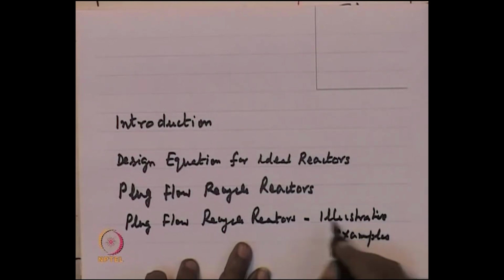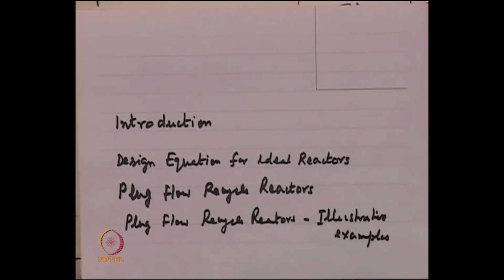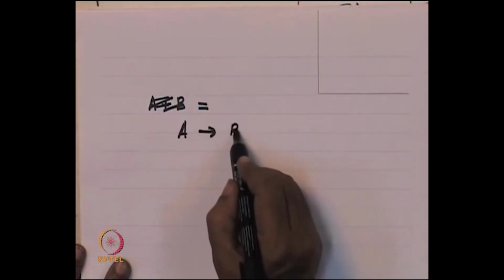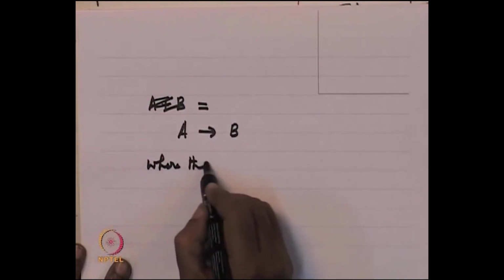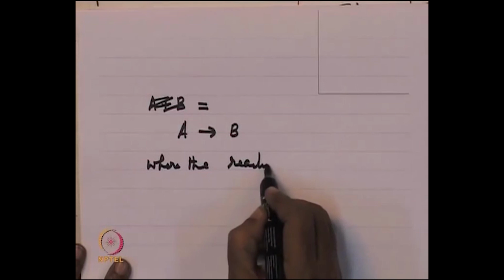When I say plug flow illustrative examples, what I would like to bring to your attention in such lectures is what are the physical situations where you might want to do a recycle, and how that recycle would benefit you in a process. Let us take an example. Say, for example, A going to B, where the reaction is autocatalytic.